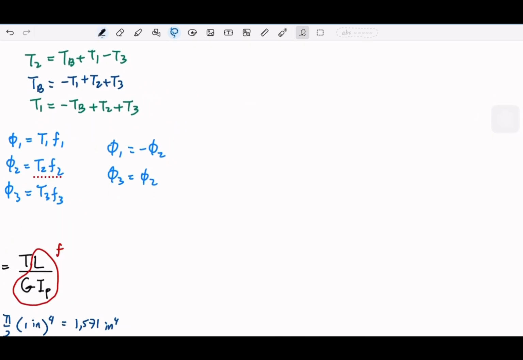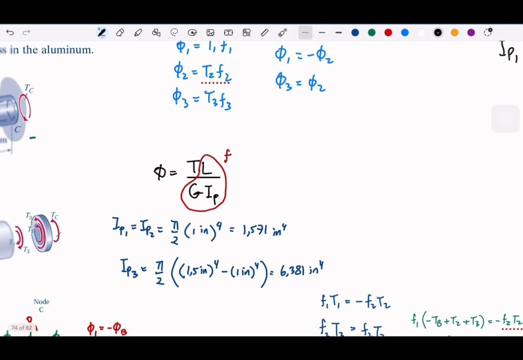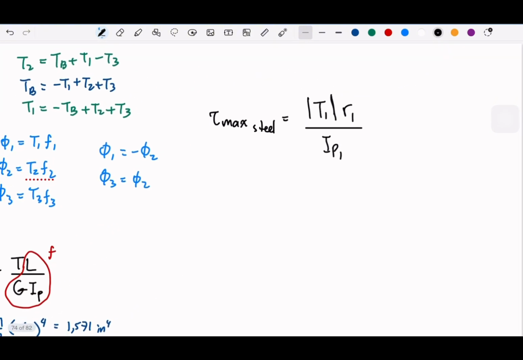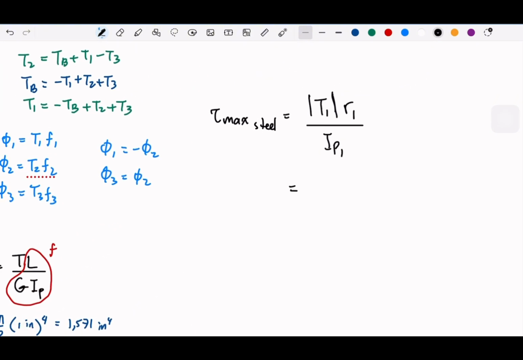Okay, and then from the results we have the tau max for steel. This is Q1. We need only the value, so we take the absolute value, radius, and then the inertia. Inertia we have done, right? Radius we have, and T1 we already have.